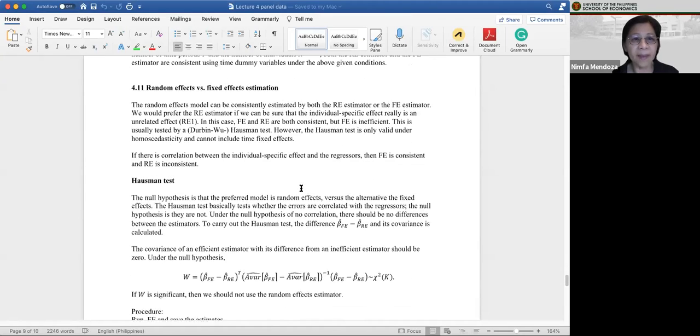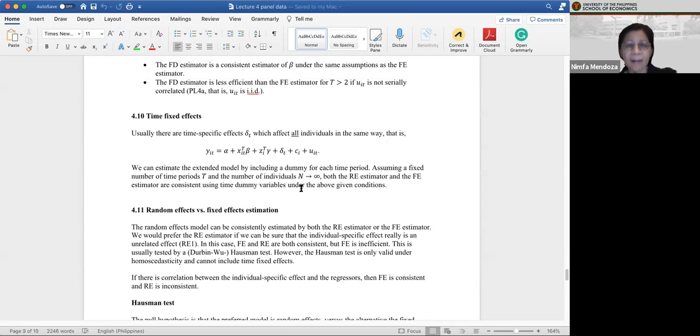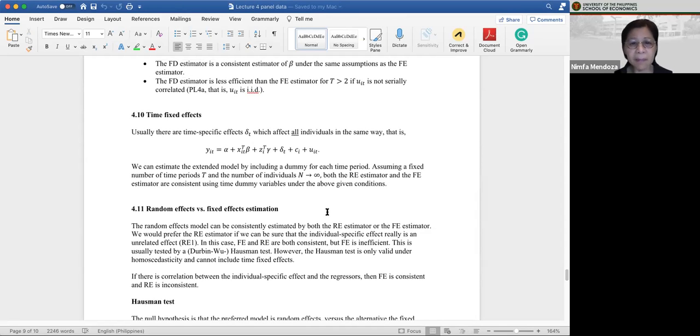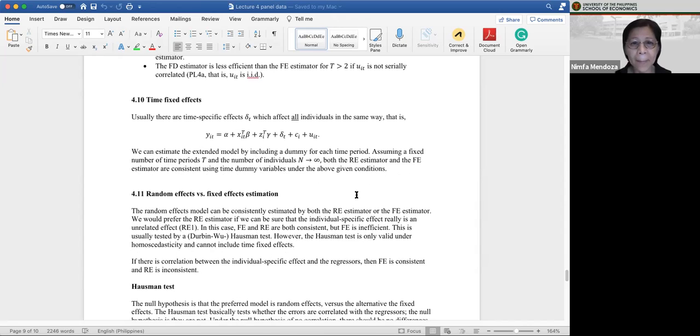Now going back to time fixed effects, note that here we do not have a subscript i, so we're assuming that this delta sub t affects the individual or the cross section unit i in the same way.